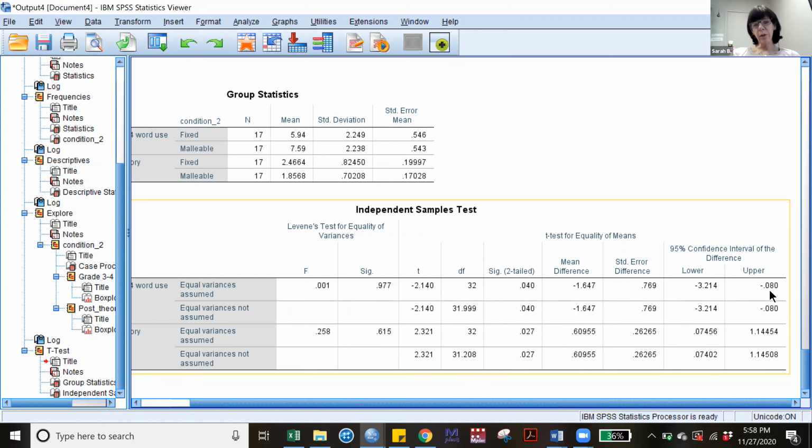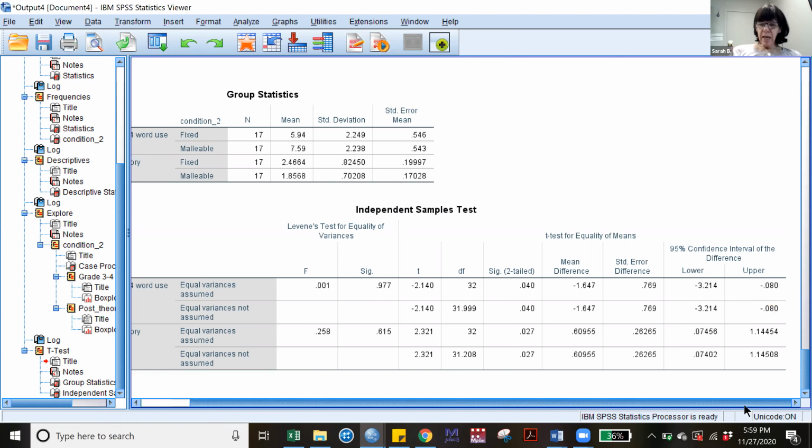So it doesn't include that, which means that under 95% of samples, the malleable group would be likely to use more math words than the fixed group.